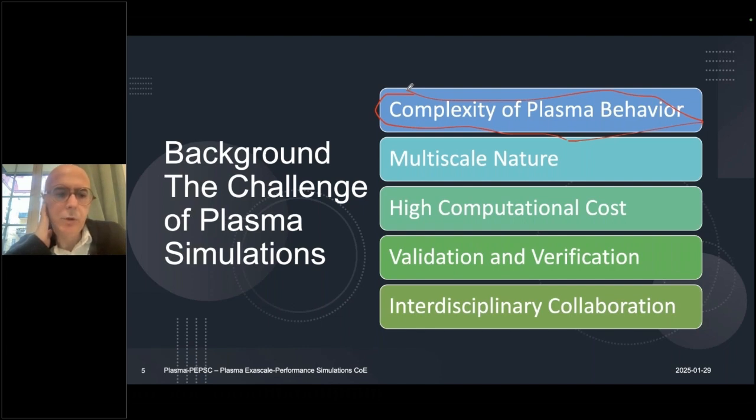Also, we need to go to the most detailed description of the plasma itself. At the very highest level of description, you can think of the plasma as a fluid, and this works in some cases, but for the problem that we want to solve in plasma PEPSC, this is a very raw and crude approximation.